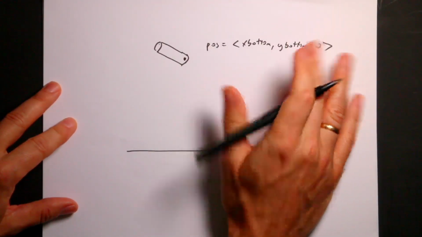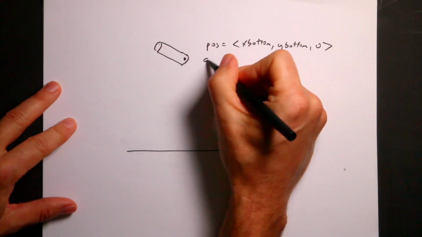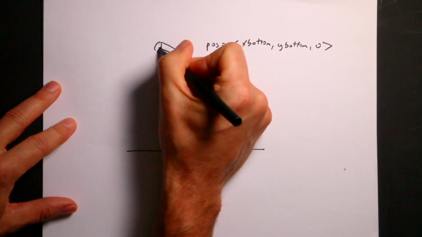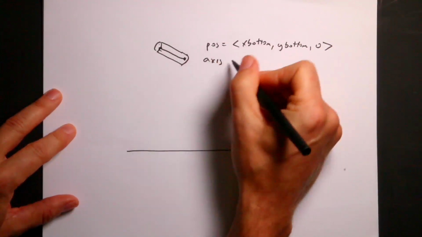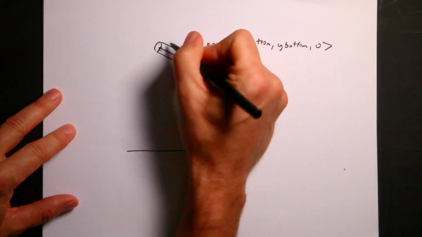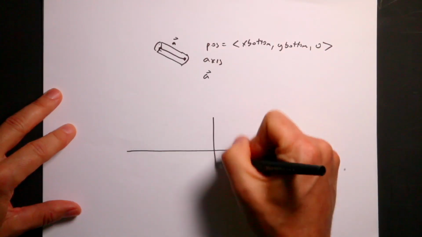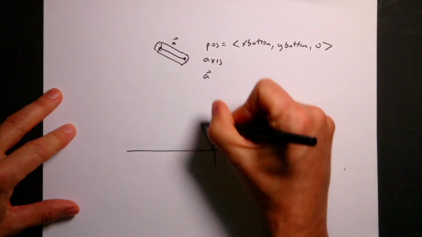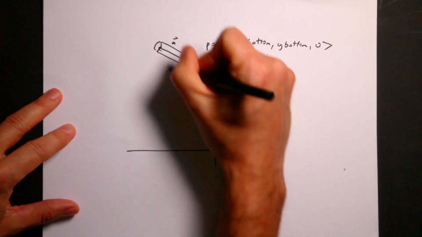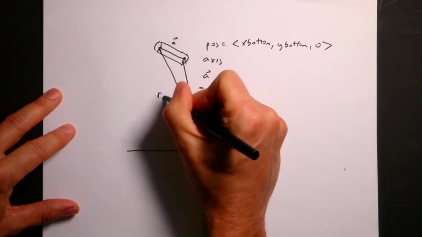Okay. Now, the other thing I need is the axis. And this is the vector from the position to the end. So let's just call that the vector A. So this is A. And look, I actually have, here's my origin. I actually have data for R bottom and R top, right?